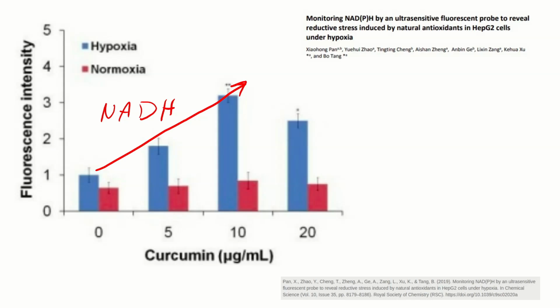Oxygen is the terminal electron acceptor in biological systems, so if there's enough oxygen around, it's not that big a deal. In normoxia, a normal amount of oxygen, you see a transient rise in NADH and NADPH. But if you remove some of that oxygen, you see a huge rise in NADH, because when you consume antioxidants, those electrons have to go somewhere. And if there's limited oxygen, if you don't have a terminal electron acceptor, that builds up as reductive stress. It builds up as NADH and NADPH.